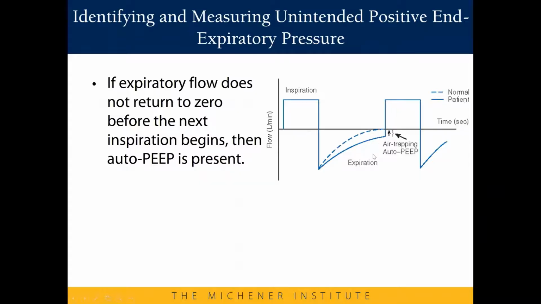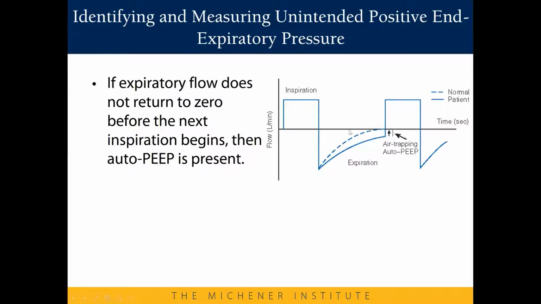So if you actually see gas trapping, if we're in a pressure mode, so an AC/PC mode, you can try to decrease your respiratory rate.